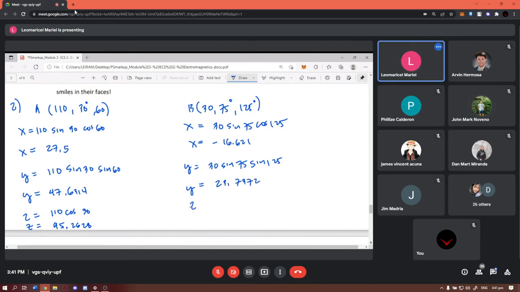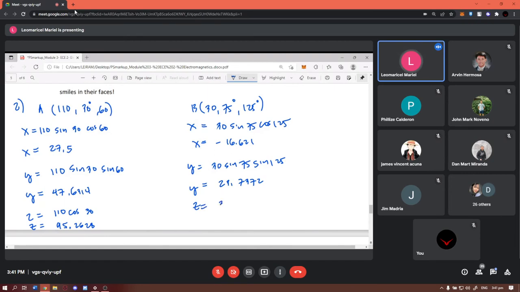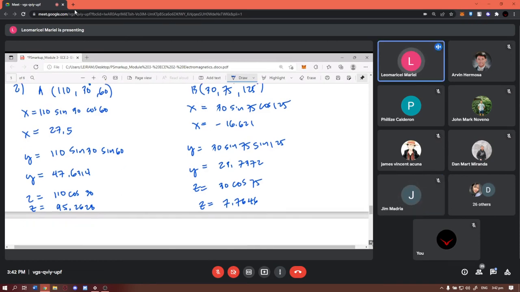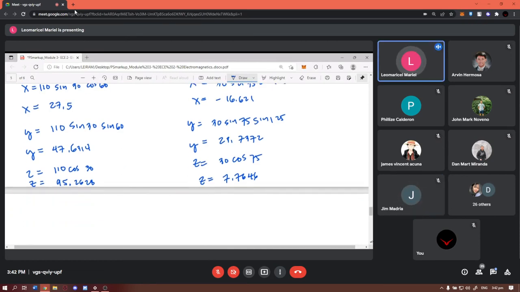Okay, then last, the Z, that will be 30 cosine 75. 7.7646 po. Okay. So your vector A now, having the coordinate of 27.5, 47.6314, and 95.2628.